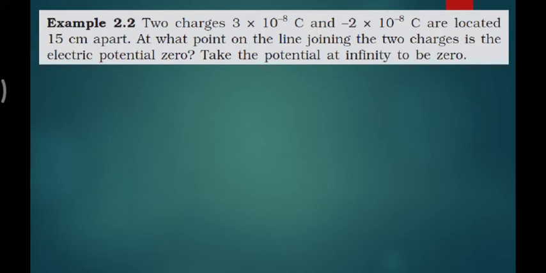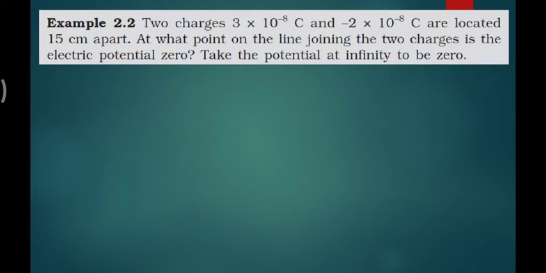If you have two charges, you may join them and get one line. On that line, one point lies where the potential of the system is going to be zero. The question is: at what point on the line joining the two charges is the electric potential zero? Take the potential at infinity to be zero, this is a hint.